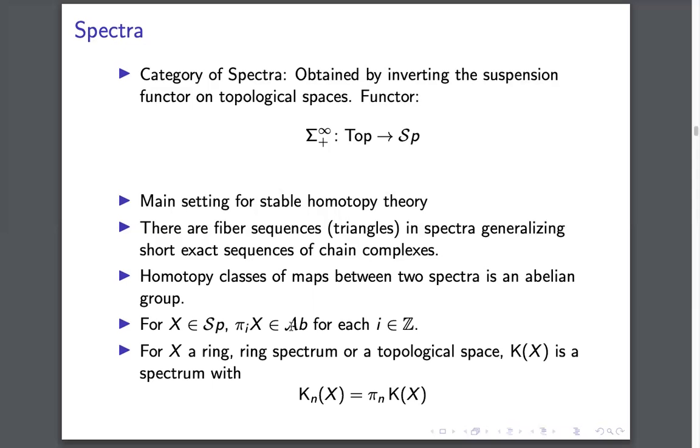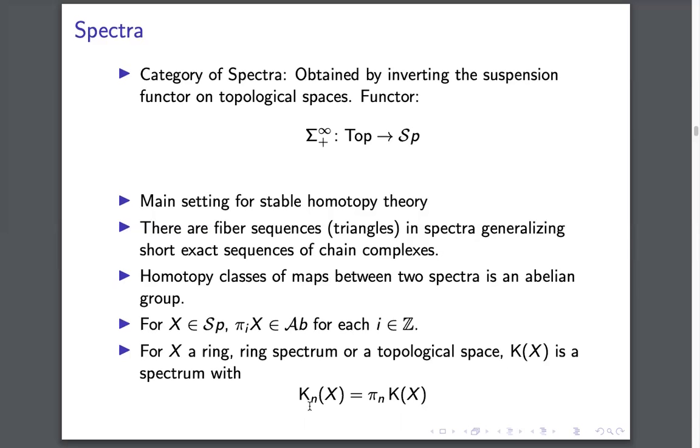And one thing to keep in mind is that, again, in the general case of a ring spectrum, and I'm going to define ring spectrum in a second, in all these situations where we can talk about algebraic K-theory, what we actually do is talk about an algebraic K-theory spectrum, and then the homotopy groups of that spectrum become your algebraic K-theory groups.